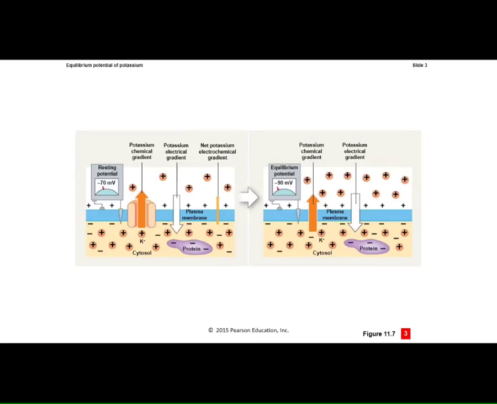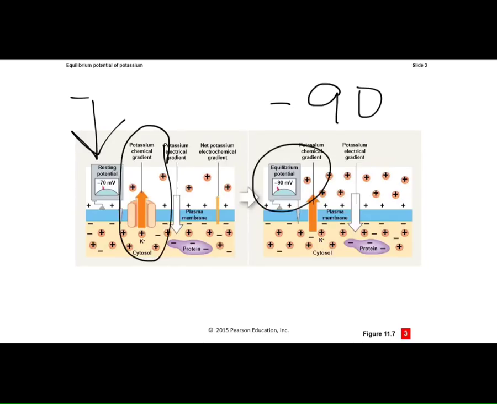We're seeing negative 70, as it should be. If it were equal on both sides, the membrane potential would change to negative 90. Okay, so we would go from negative 70 to negative 90 if potassium could move to equilibrium.